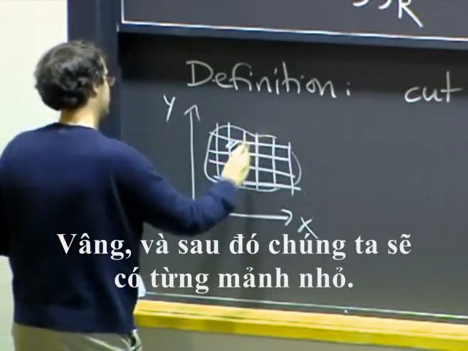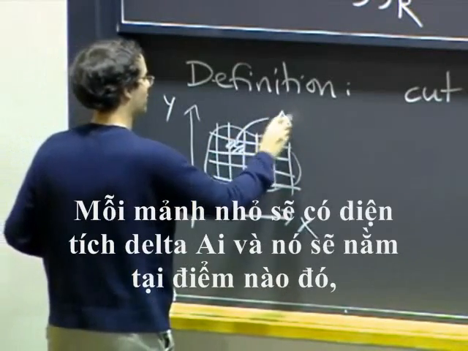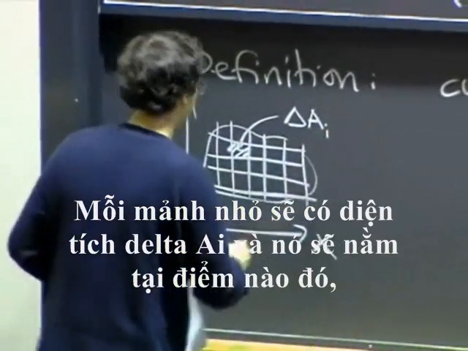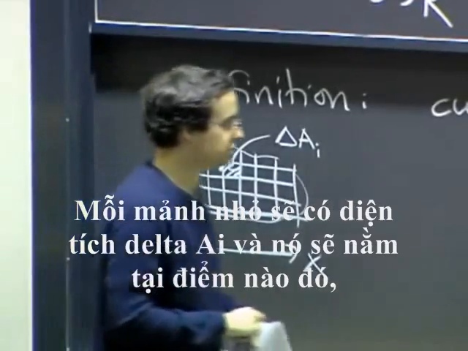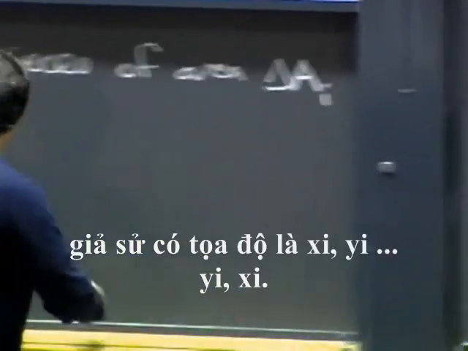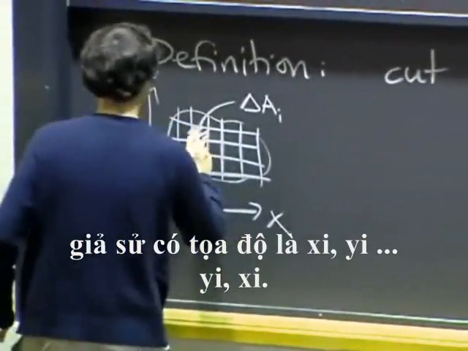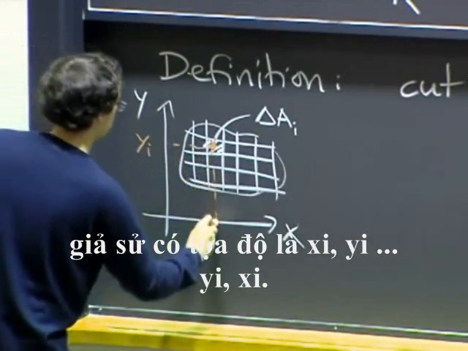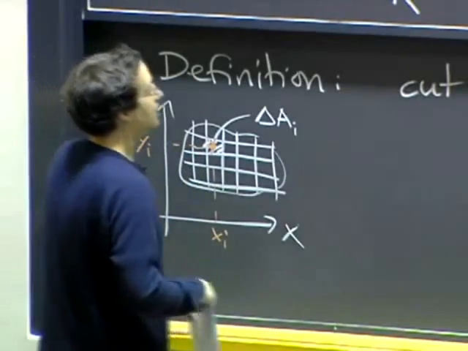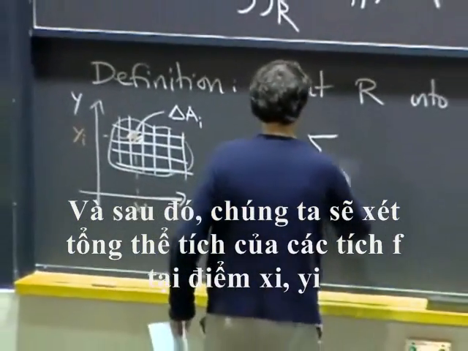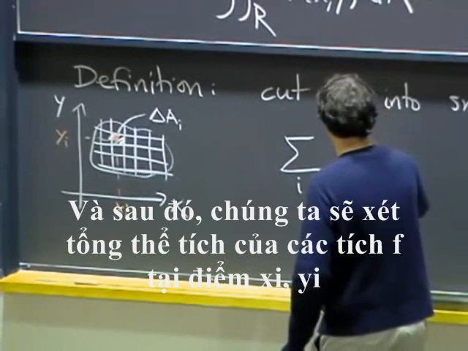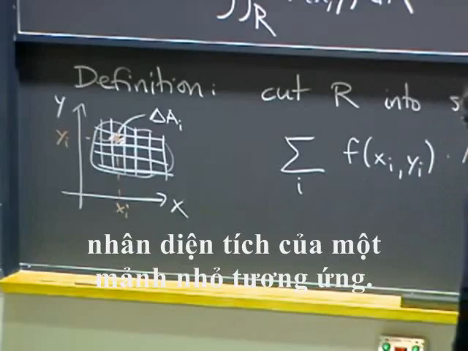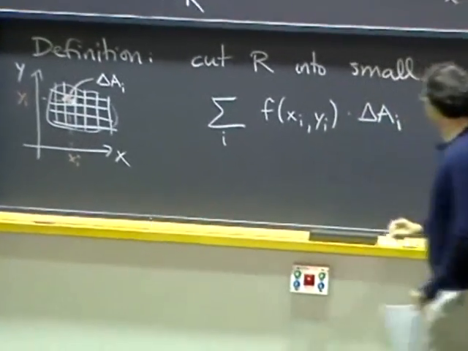Each small piece will have area delta A_i, and it will be at some point, let's call it x_i, y_i. Then we'll consider the sum over all the pieces of f at that point x_i, y_i, times the area of the small piece.